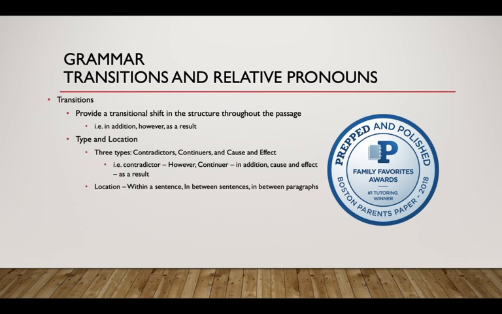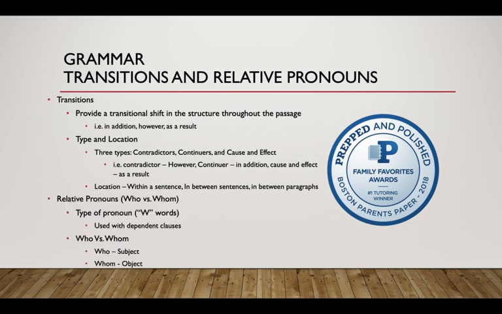Contradictor, well, it goes against or goes in a different direction. And cause and effect, well, cause and effect. It's showing the result or what happens. The other thing to keep in mind is the location. Typically, they appear within a sentence, in between sentences, or in between paragraphs. So I should be able to note them and see them when they show up. I always got to keep an eye out for that.